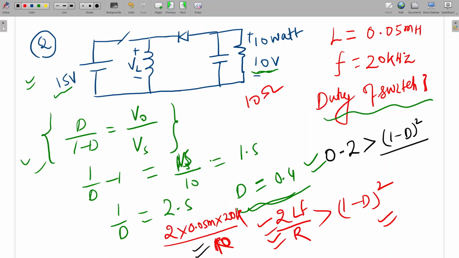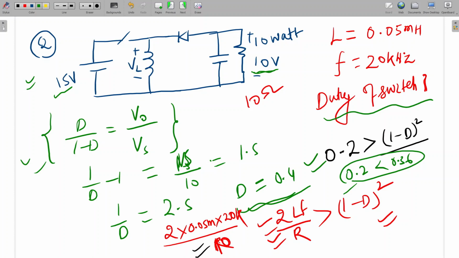So 1 minus D square how much? 0.36. This is not satisfying. 0.2 is less than 0.36. So from this information we can say that the converter is working in discontinuous conduction mode.